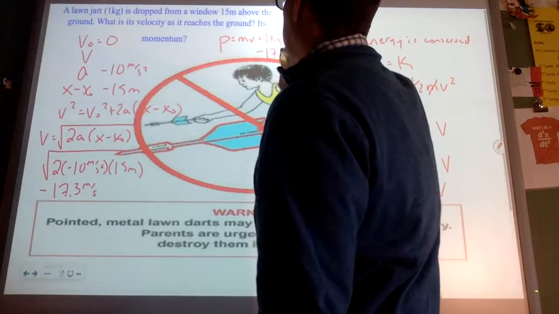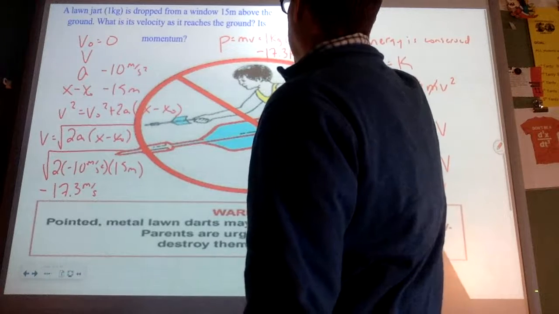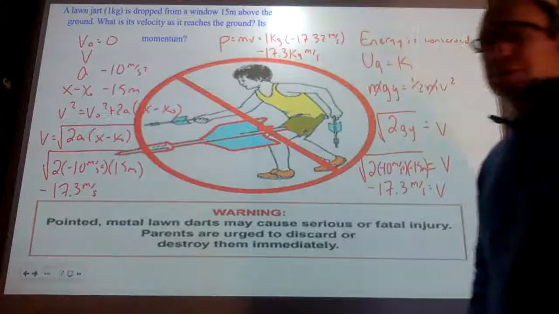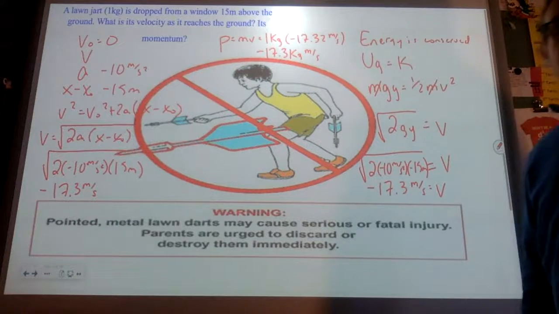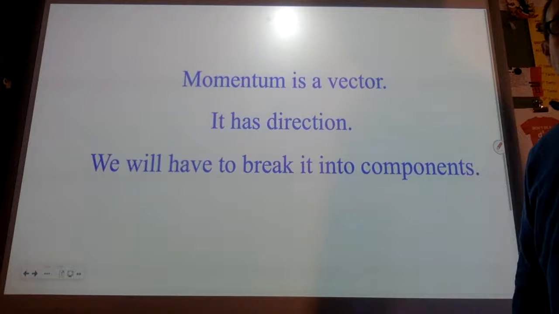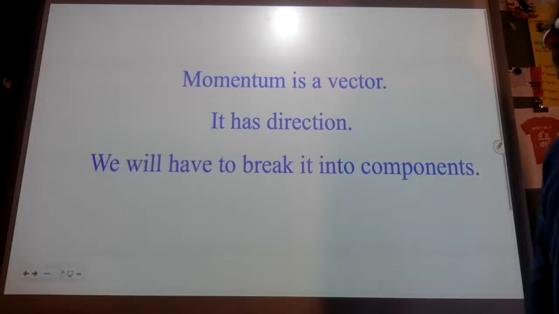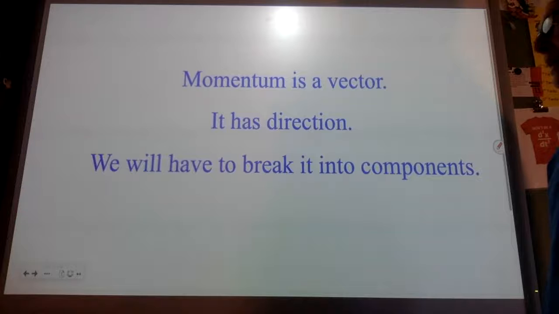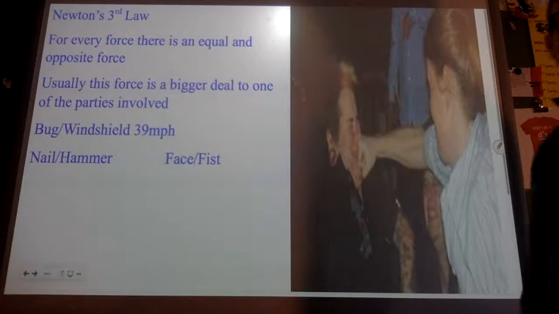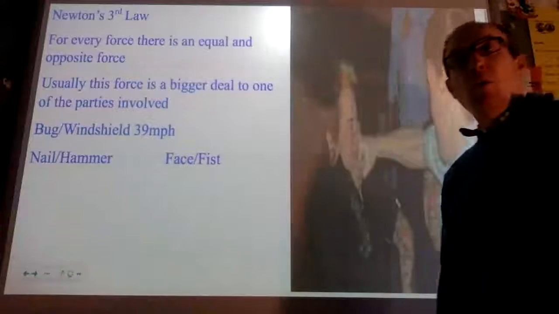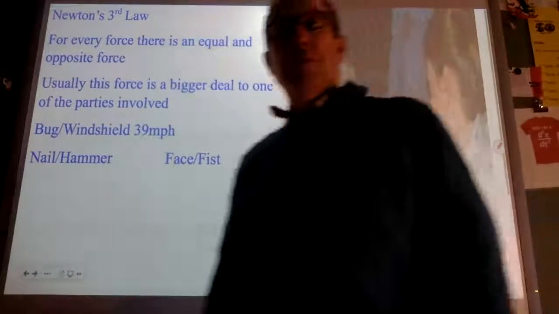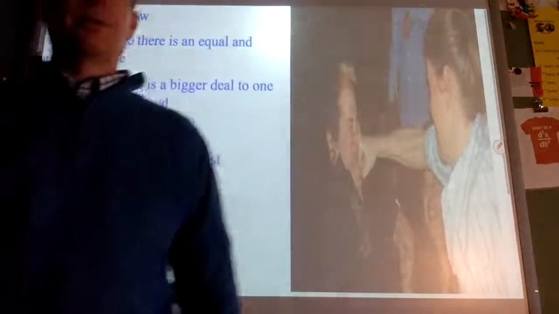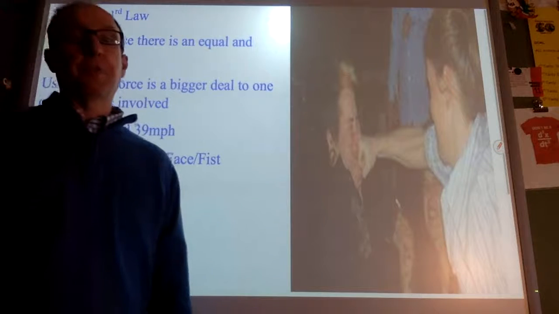So it's negative 17.3 kilogram meters per second is our momentum. So it's a vector, and since it has direction, we're going to have to break it into components.